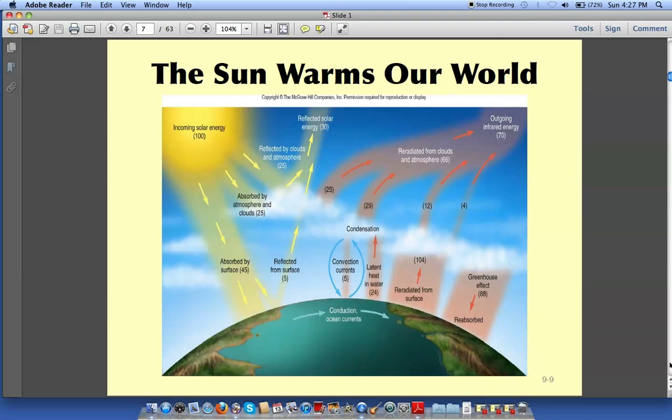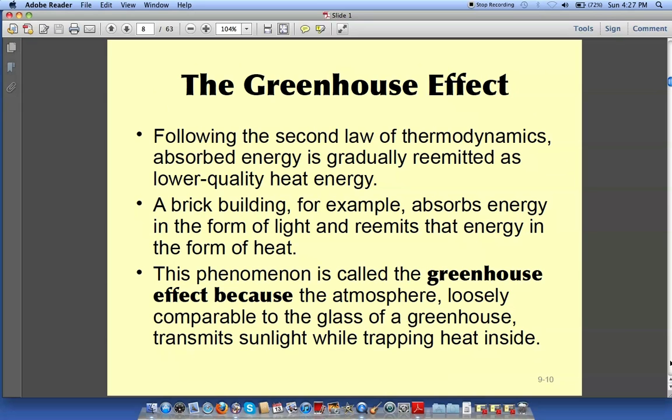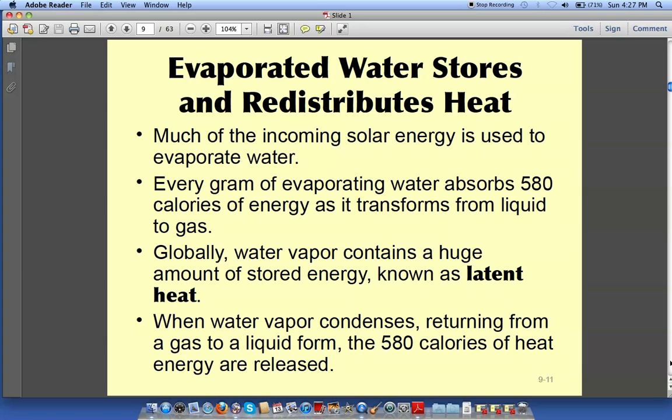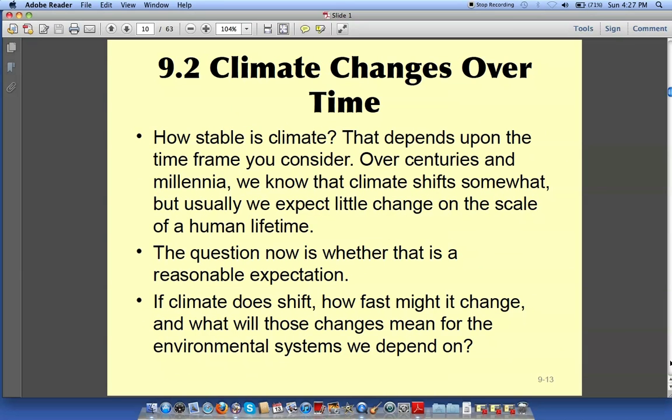I just want you to be familiar with how these chemicals move around in the atmosphere, okay, and how the greenhouse effect is formed, and how right now we're in this global warming phase. How come we're in that?